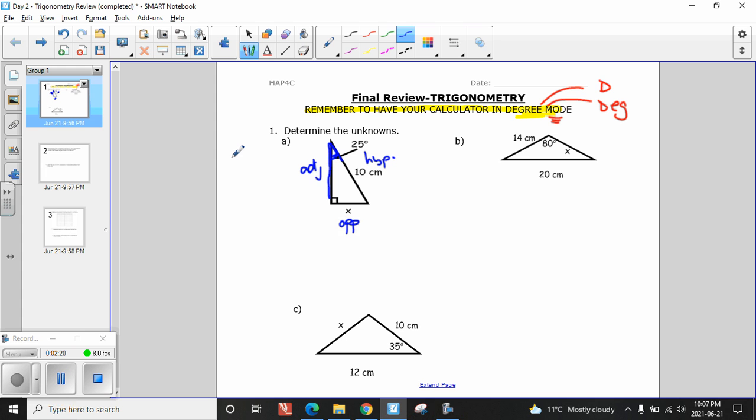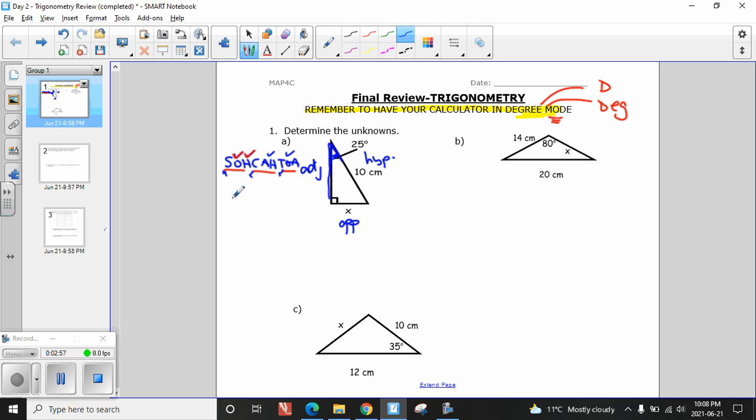Since we have a right triangle, we can use SOHCAHTOA as a tool to help us figure out which trig ratio we should be using, sine, cos, or tan. In this particular triangle, the opposite is where our unknown is. So the opposite is of interest, and the hypotenuse is given. If I take a look at SOHCAHTOA, the one that has two check marks is the sine, the SOH part.